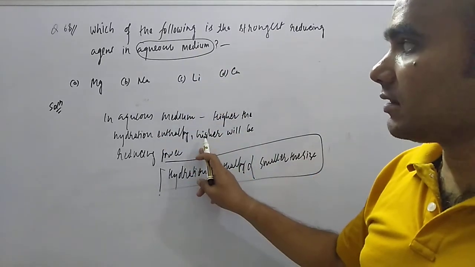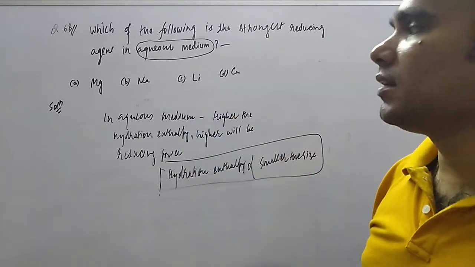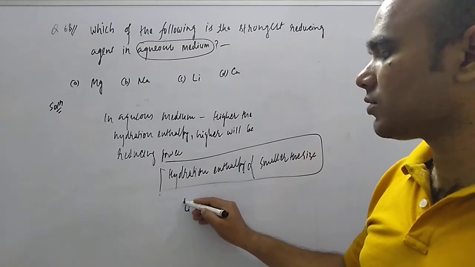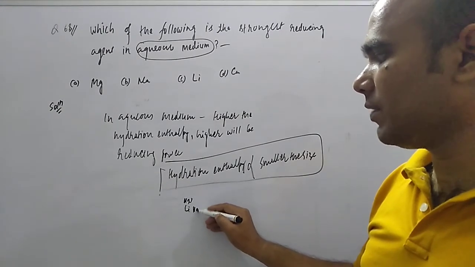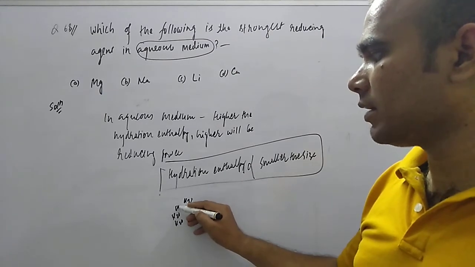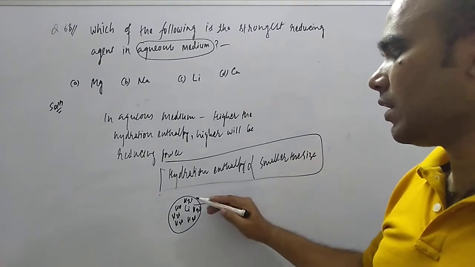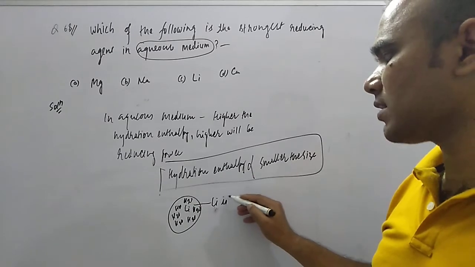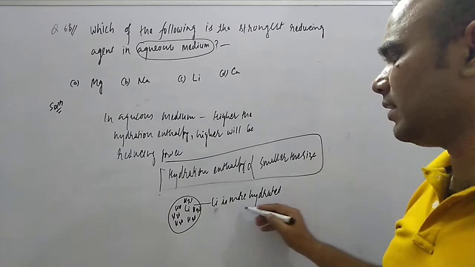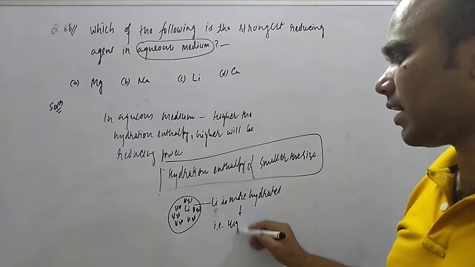So the hydration enthalpy will be more than the ionization enthalpy, or hydration enthalpy compensates the ionization enthalpy. Lithium is small in size, so it will be the most hydrated, more water molecules will surround it. So lithium is more hydrated, and if lithium is more hydrated, that means high reducing power.